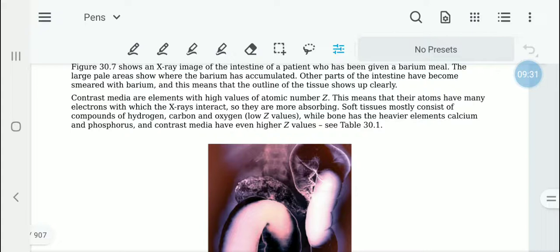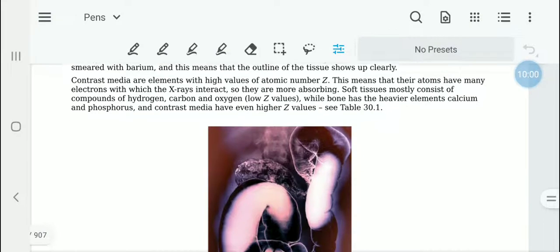Usually these contrast media are elements with high atomic number Z. That means there are many electrons with which X-rays can interact, so they become more absorbing. Because soft tissues mainly contain hydrogen, carbon, and oxygen with low atomic numbers, they don't absorb well.